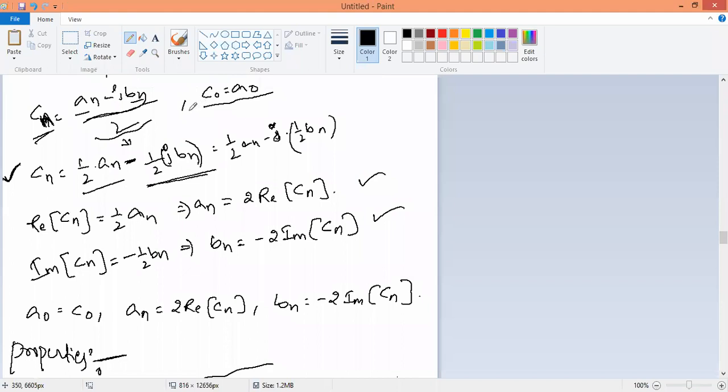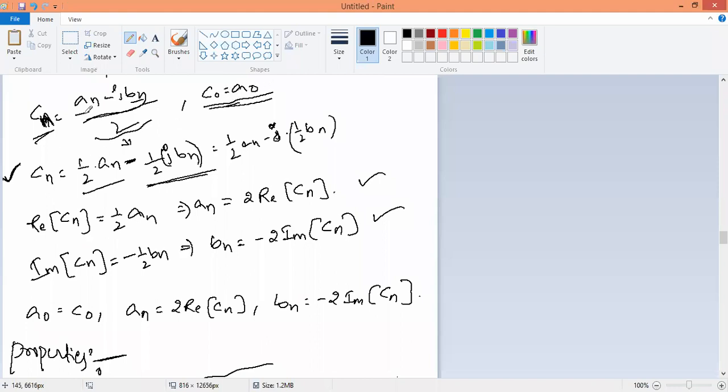Already we got that value: for n equal 0, C naught equal a naught. Correct or wrong? The C naught value equals a naught only.